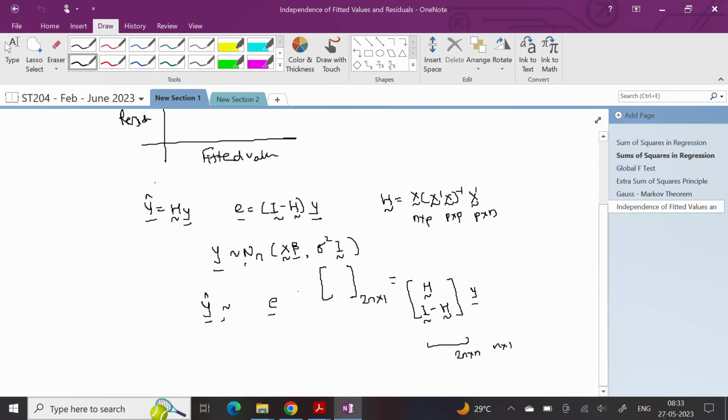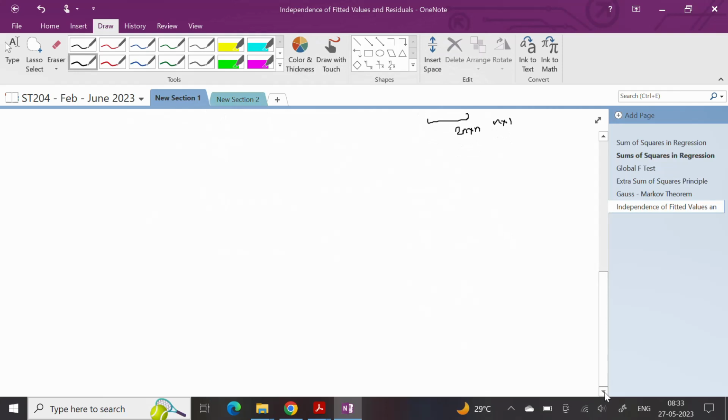So what we have done is we have written the joint vector y hat and E as a linear function of y, which we know is multivariate normal. So we will now use the property that a linear function of a multivariate normal is also multivariate normal.